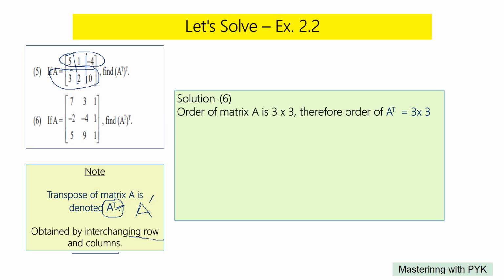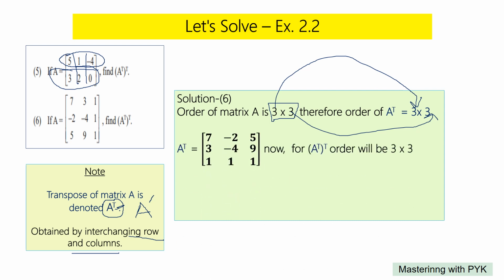So question number 6, again, the order of the matrix given is 3 cross 3, right? So this is a square matrix. When we transpose it, the rows will become columns and the columns will become rows. When it is a square matrix, the M and N remain the same. So the first row, 7, 3, 1, becomes the column.